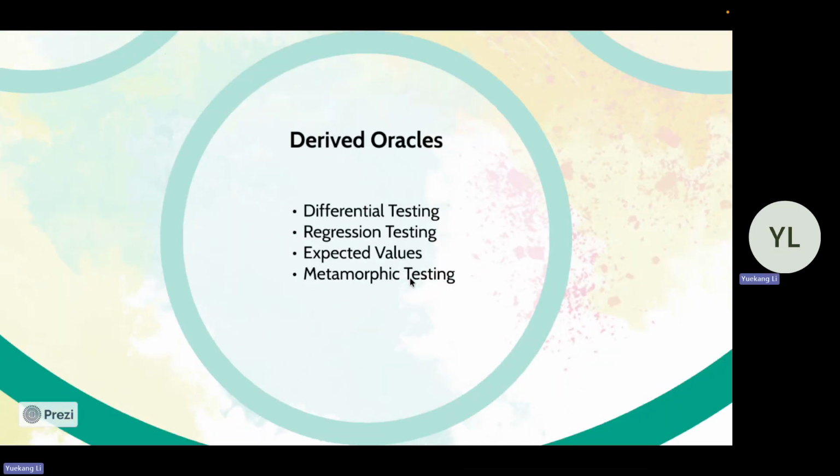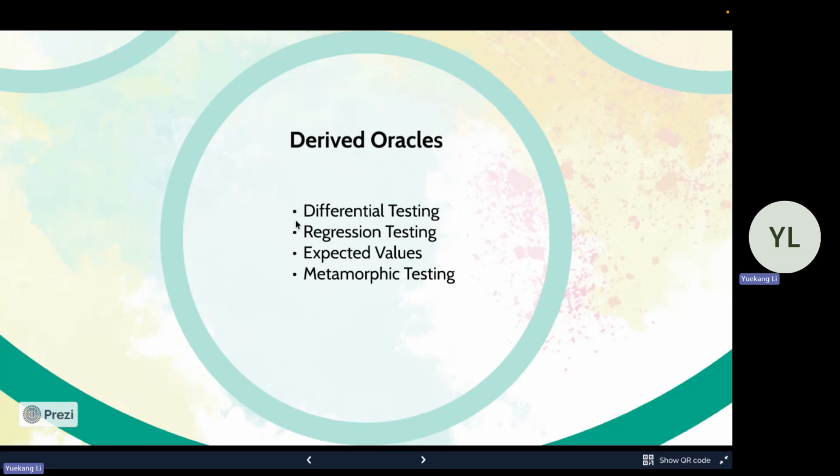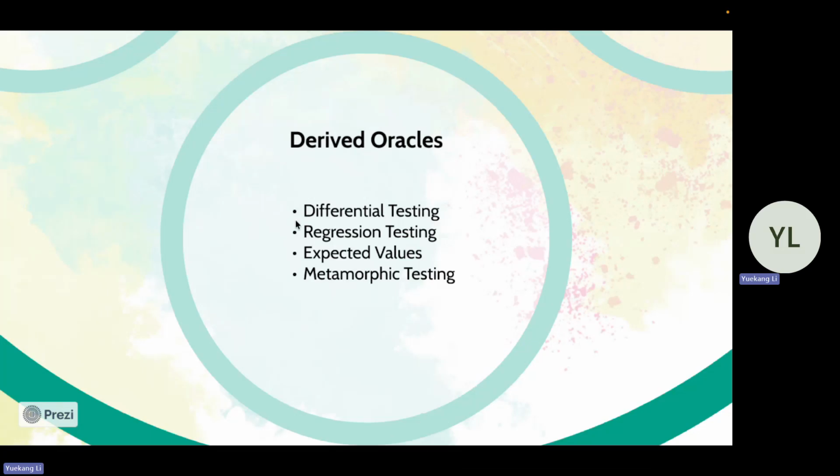Because specified oracles require manual effort, what we want is to create automated tools. So we can also try to derive test oracles automatically using some approaches. The first one is differential testing. I hope you still remember the concept of differential testing, which is to collect different versions of programs doing the same task.